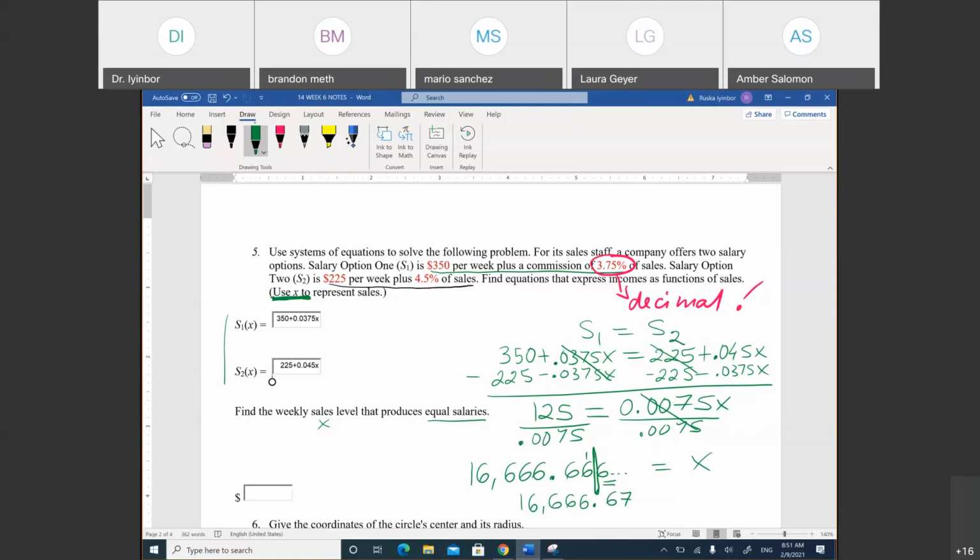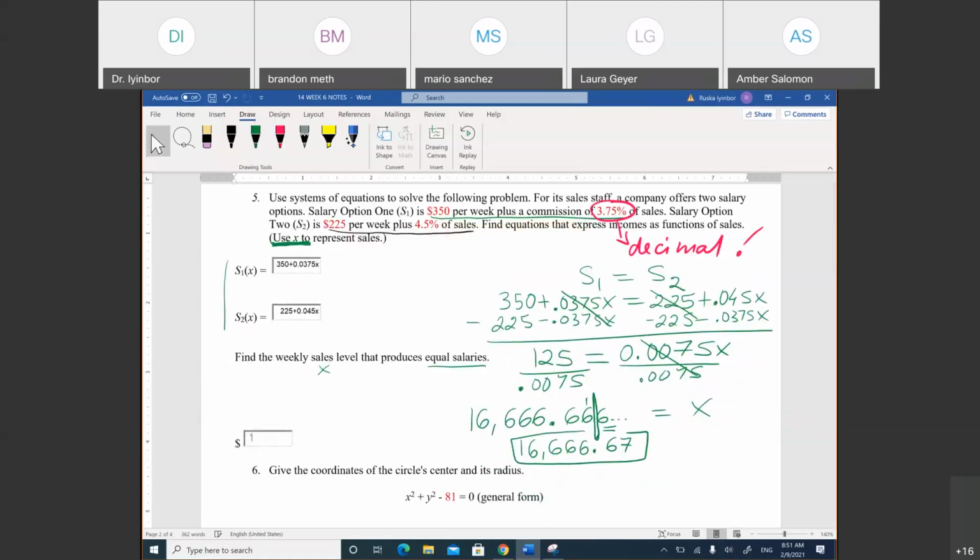Okay? So that's your final answer. Any questions? Okay, so that's my answer. So that's how you solve a system of equations.